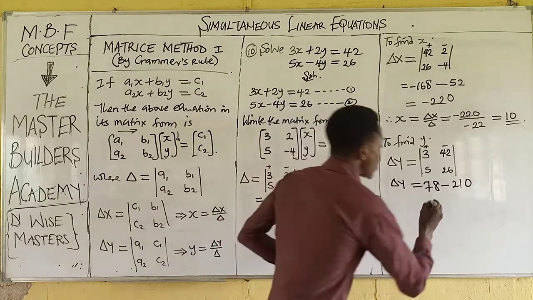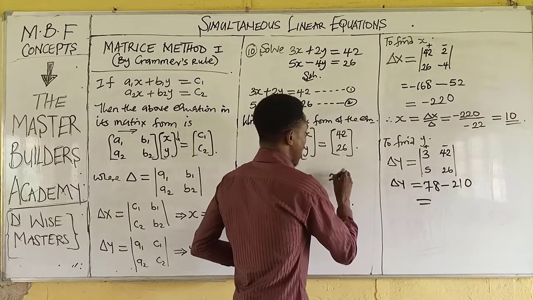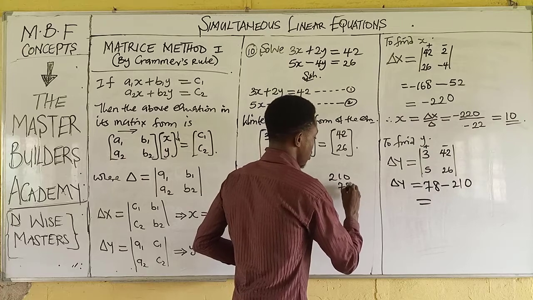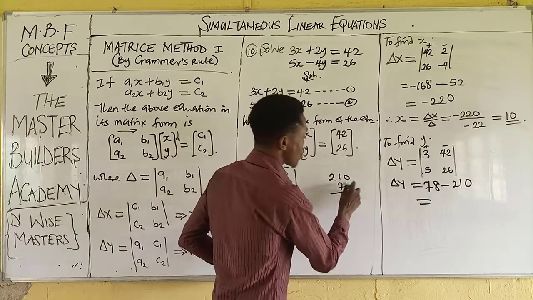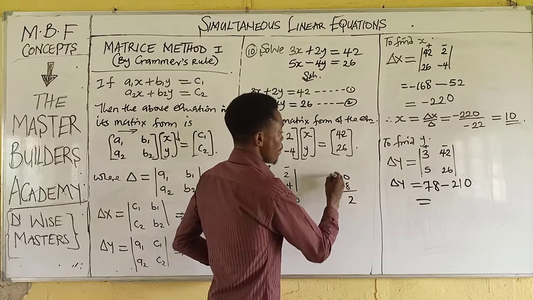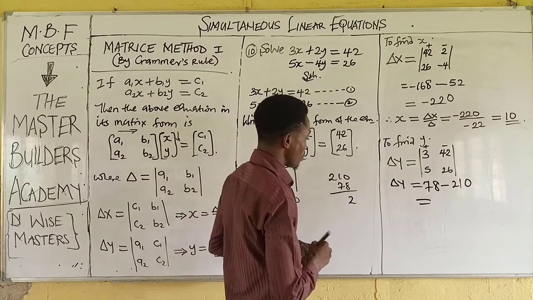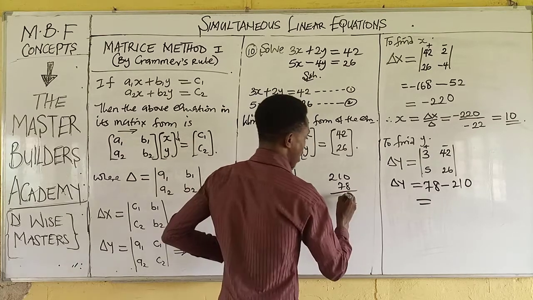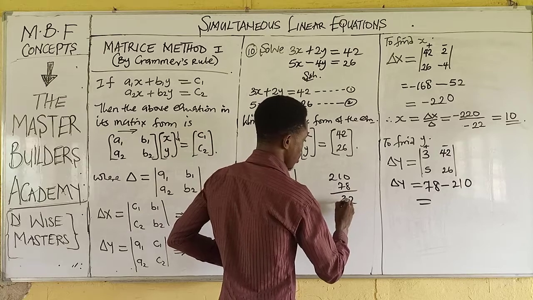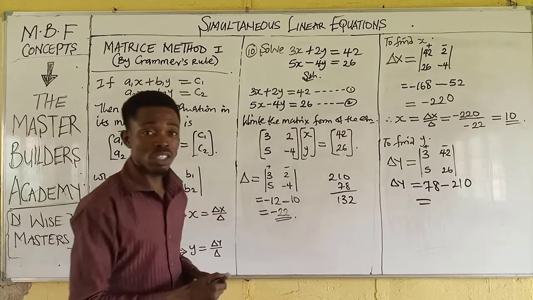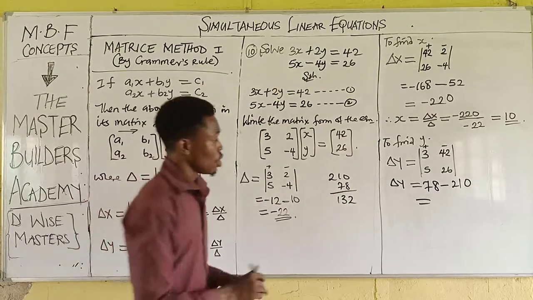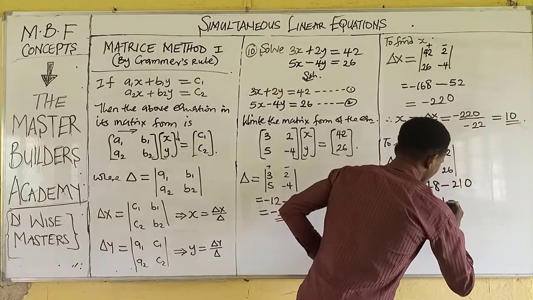So now, when we remove 210 minus 78, alright, so this is 2. Borrow 1 from here, put it here, this will have become 9. So 9 minus this will have become 10, this is 3. So this will have given us 132. So when we remove this, this becomes minus 132.